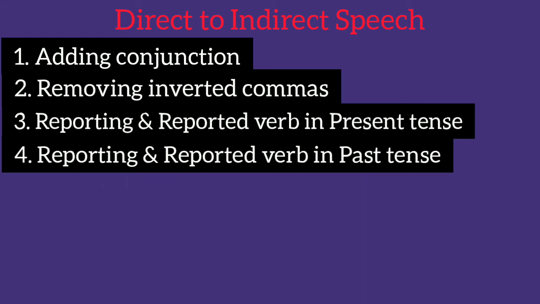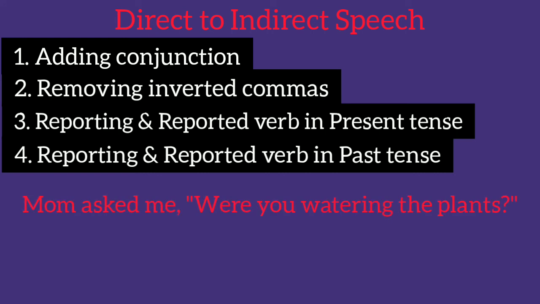And the last example is, Mom asked me, "Were you watering the plants?" Here, the reported part is in yes or no type. So, by the rule 1, the conjunction for yes or no type is if or whether.